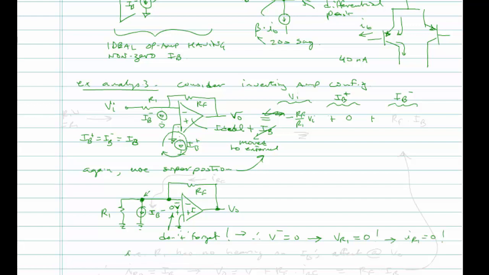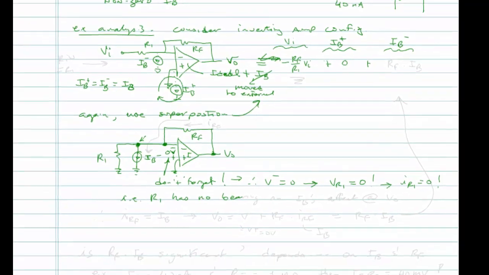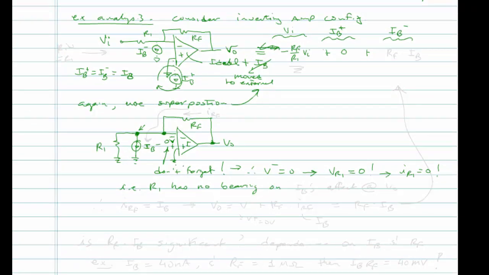In other words, R1 has no bearing on IB's effect at V out. Furthermore, because IR1 is 0, it means that all of IB must be flowing through RF.